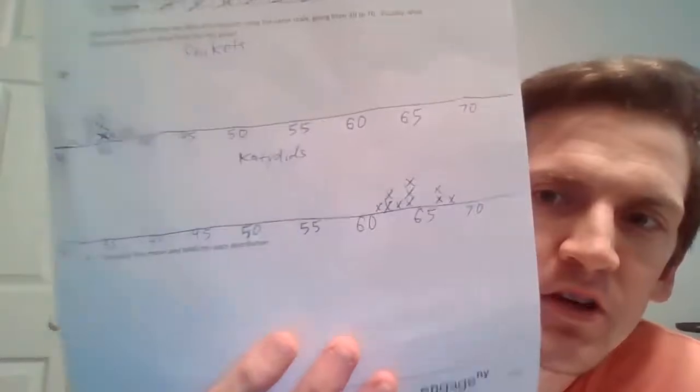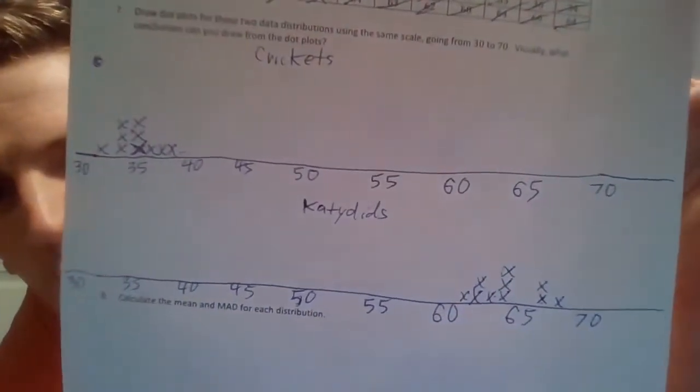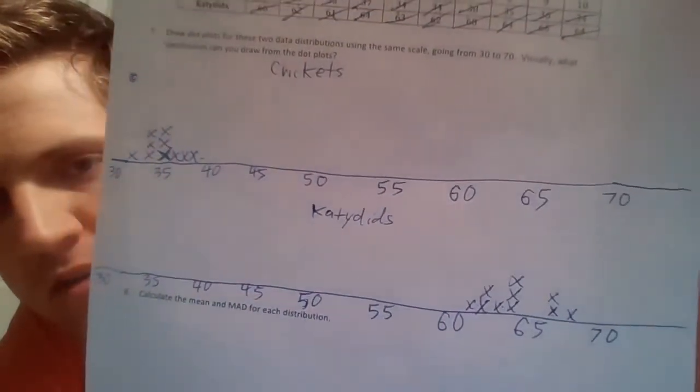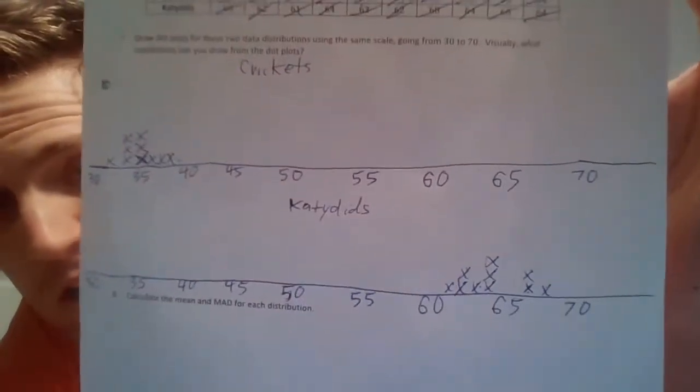So now I have both of the dot plots done. Now we can clearly see some differences between these two dot plots. One of them has most of its data on the left side, if you're looking at crickets, and if you look at katydids, most of the data is on the right side.